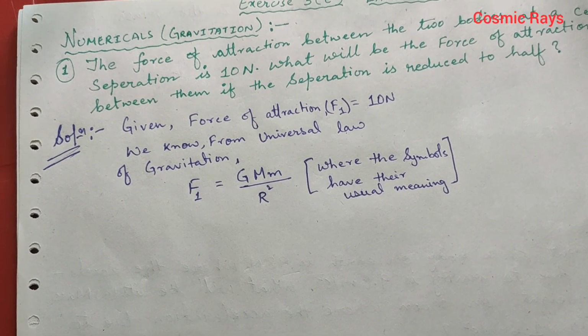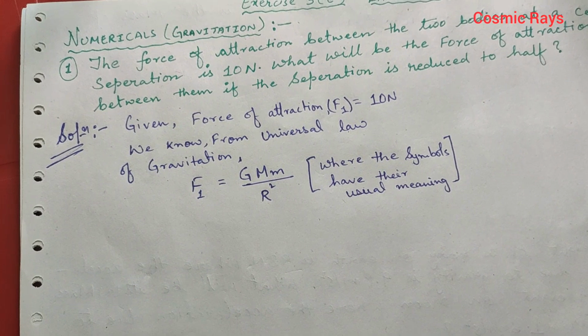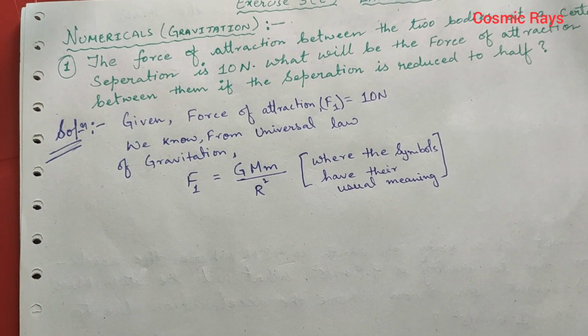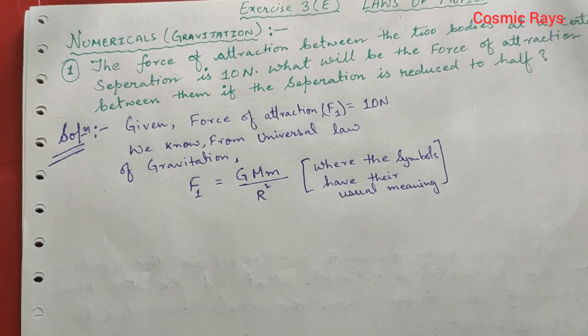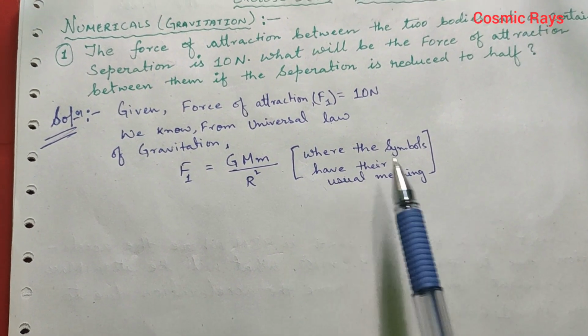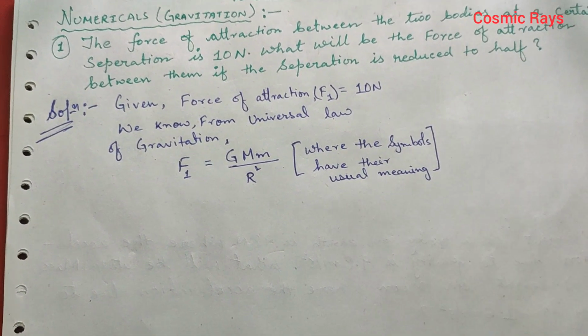Capital M and small m are the masses of the two bodies, and r is the distance of separation, and capital G is the universal gravitational constant. So we have written where the symbols have their usual meaning.